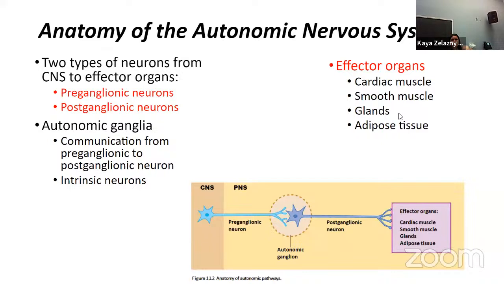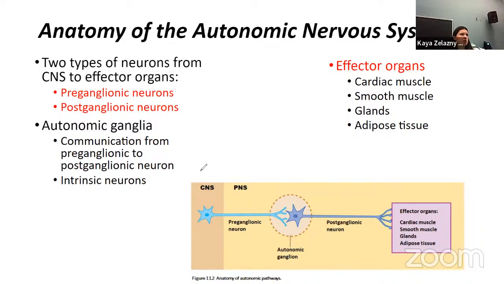So when we look at the anatomy of a nerve in the autonomic nervous system, our neurons are going to link up together in a specific way. In our last unit, we talked about presynaptic and postsynaptic neurons. This is a similar sort of division, except now we're going to call them preganglionic and postganglionic neurons.